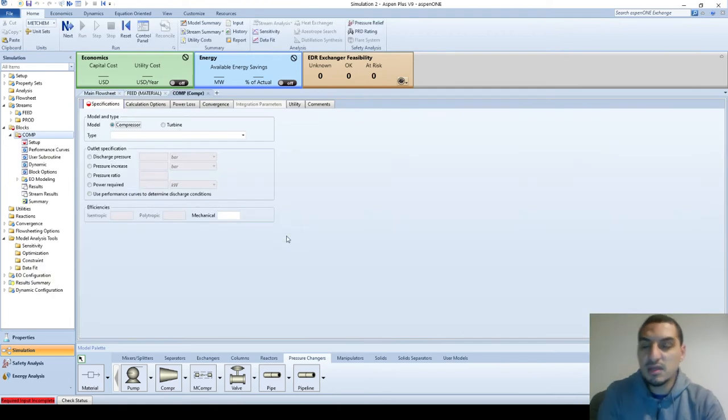So I'm gonna find that we have three parts where you should add some data or define the compressor. The first is to define whether to deal with it as a compressor or a turbine. And both are kind of equipment that deal with gases or vapors, but they work the other way.